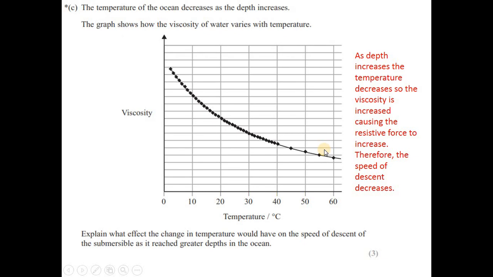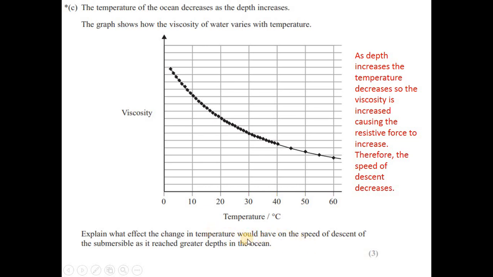Part C. The temperature of the ocean decreases as the depth increases. The graph shows how the viscosity of the water varies with temperature. Explain the effect of change in temperature on the viscosity and the speed of motion of a particle through the fluid.